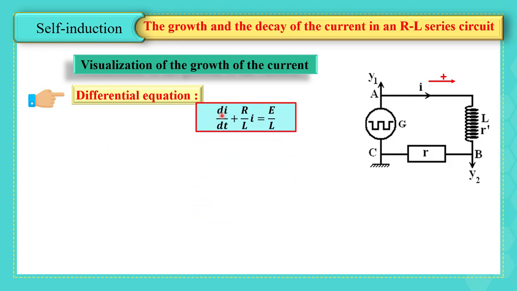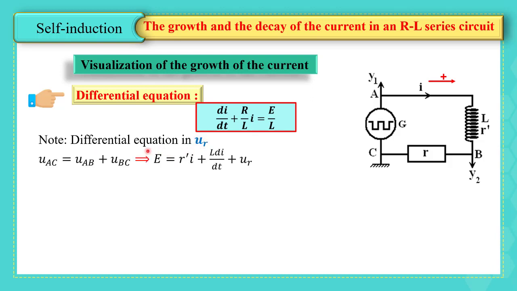So the differential equation has the form di over dt plus R total over L times i equals E over L. Now, in order to obtain the differential equation in terms of UR, we also use the law of addition of voltages: UAC equals UAB plus UBC. So E equals r i plus L di over dt plus UR. Since UR equals R i, dUR over dt equals R di over dt, so di over dt equals 1 over R times dUR over dt.